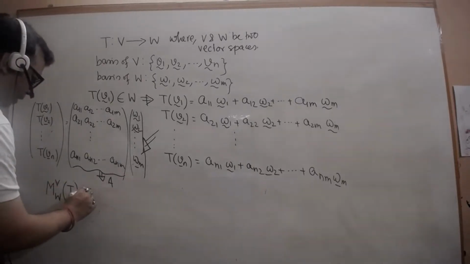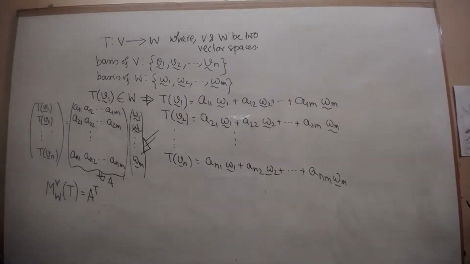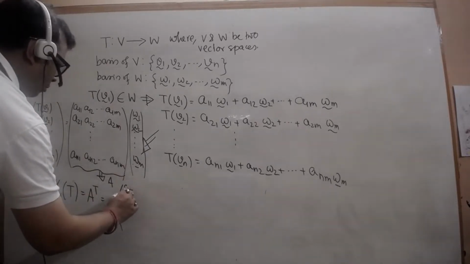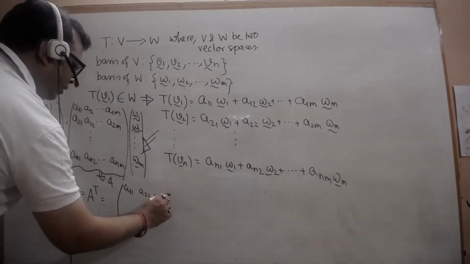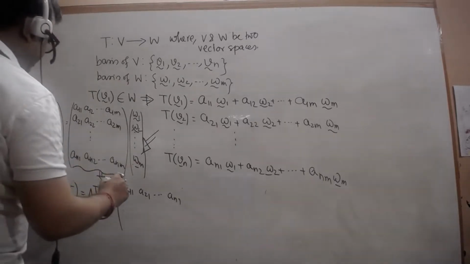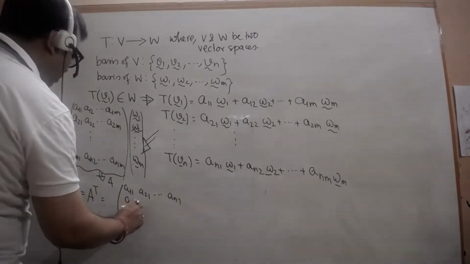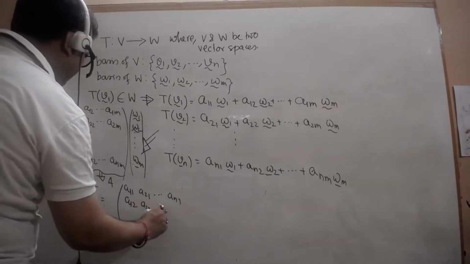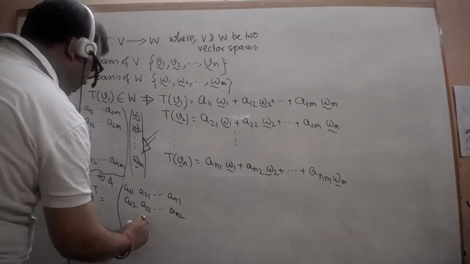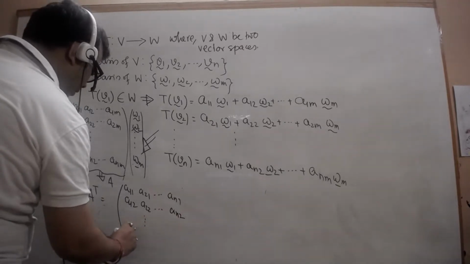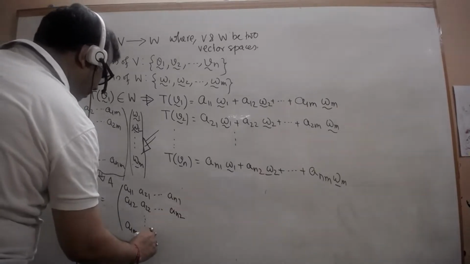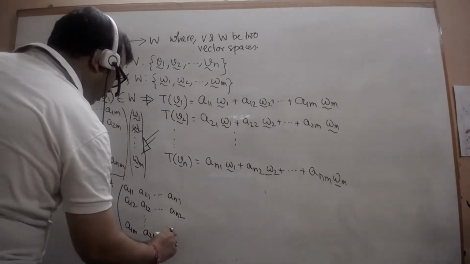and I denote this matrix by capital A, and this equals, denote this matrix by A transpose, which is equal to the matrix with rows a11, a21, ..., an1; a12, a22, ..., an2; up to a1m, a2m, ..., anm.